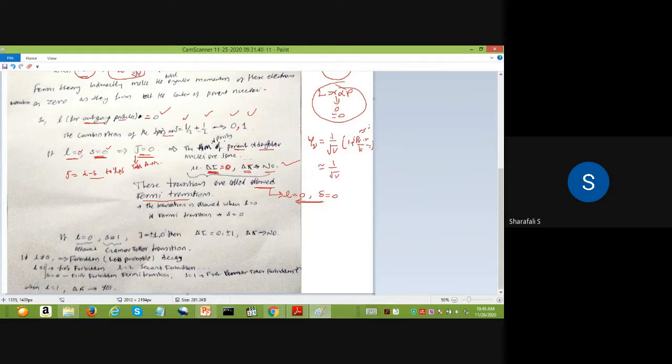So you have to understand that allowed means L equal to 0 and Fermi means S equal to 0. If S equals 0, that is Fermi, and if L equals 0, that is allowed.